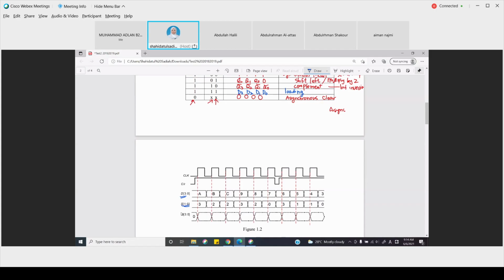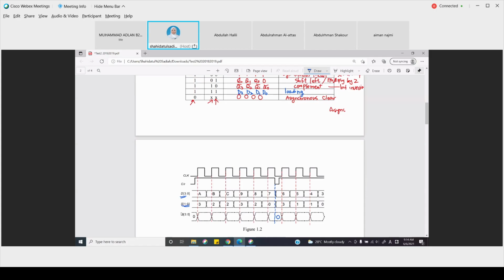Remember, if we have a clear, since the clear is asynchronous, it will not follow the clock. So here it will be 0 because we have input clear here and here also.